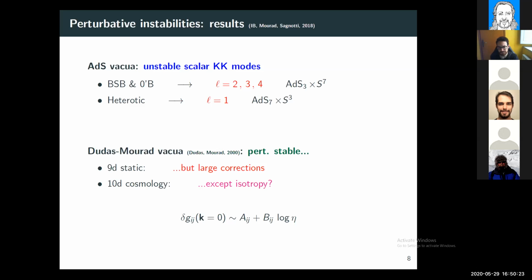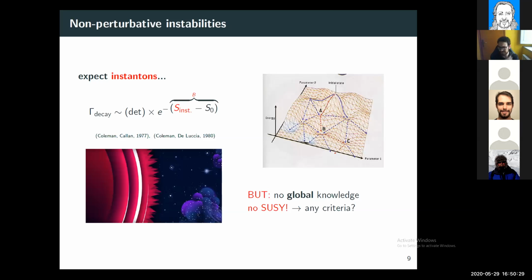Yes. All right, so talking about non-perturbative instabilities, again in the framework of low energy effective field theory, one may be able to study those using instanton calculus, but conceptually the issue is quite subtle since these processes move you along this landscape of vacua for which we have no global knowledge.